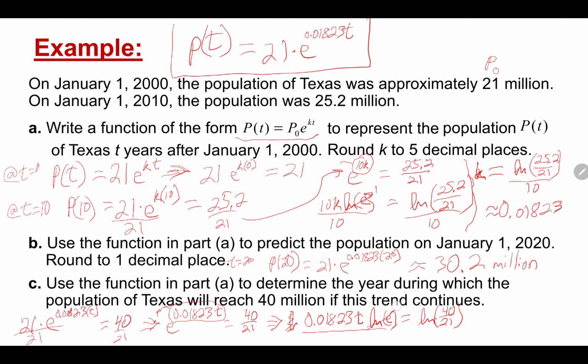This goes to 1 again, so that goes away, and I'm dividing by 0.01823.